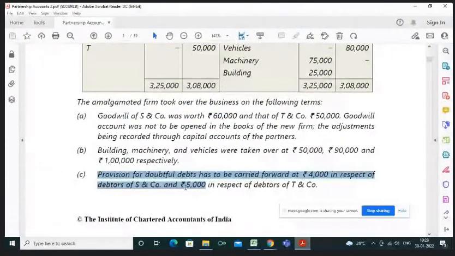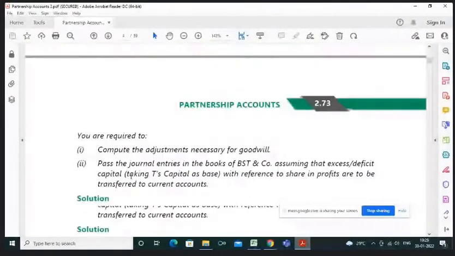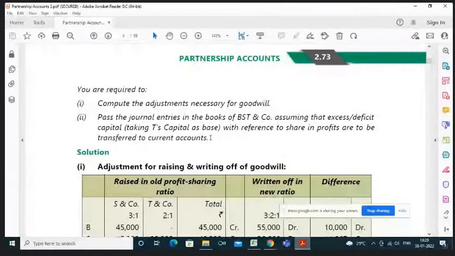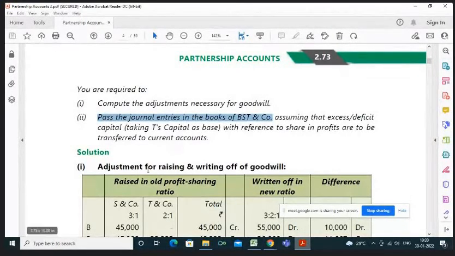Now we have to move on to the answer. Compute the adjustments necessary for goodwill. That is done. Now what do we need to do? Pass the journal entries in the books of BST and Co. So how do we pass the journal entries?